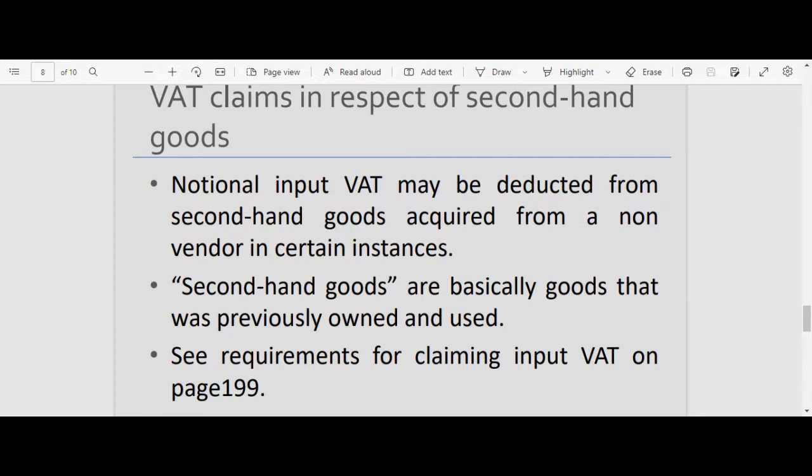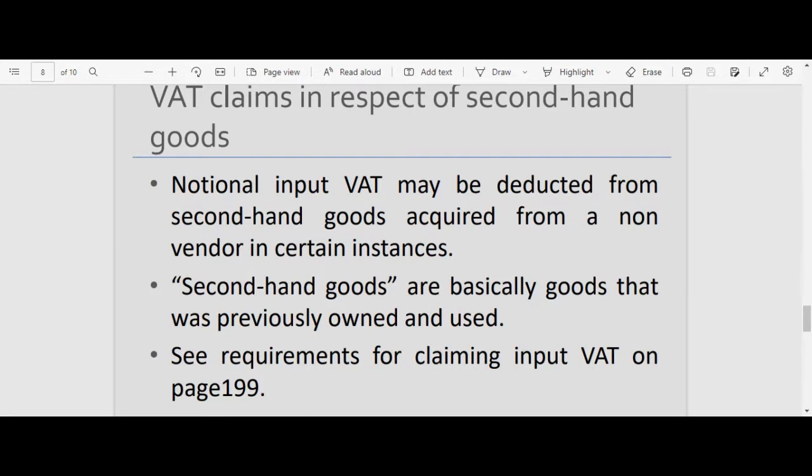When we record this purchase, as we've said earlier, and later on we're going to do some examples, we've got to keep the amount of input tax, in this case notional input VAT, separate from the actual purchase transaction. So now our total consideration that we've paid is 50,000 rands.